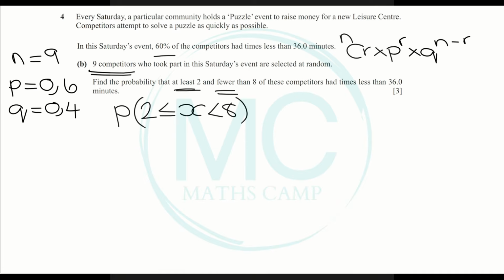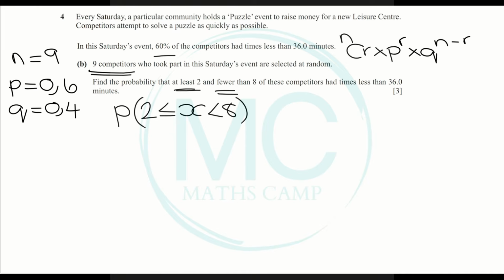This is a large number of values that we need to work with. So to make it easier, we consider the alternative values, in this case 0, 1, 8, and 9, and then we subtract this from 1.